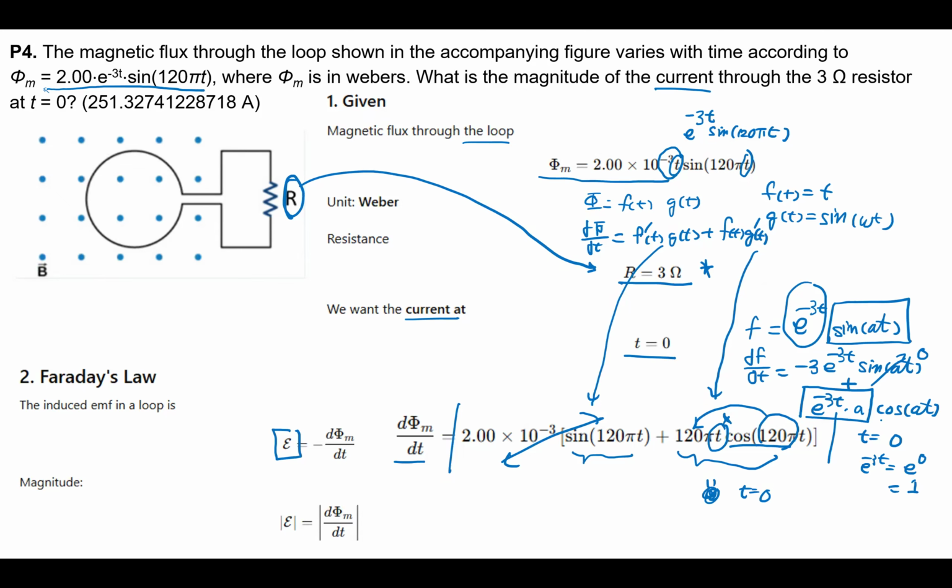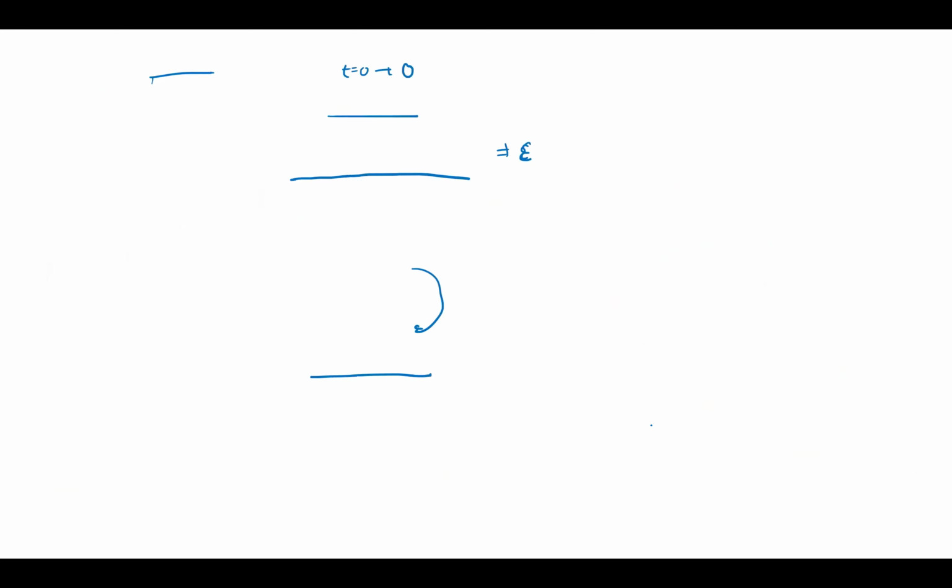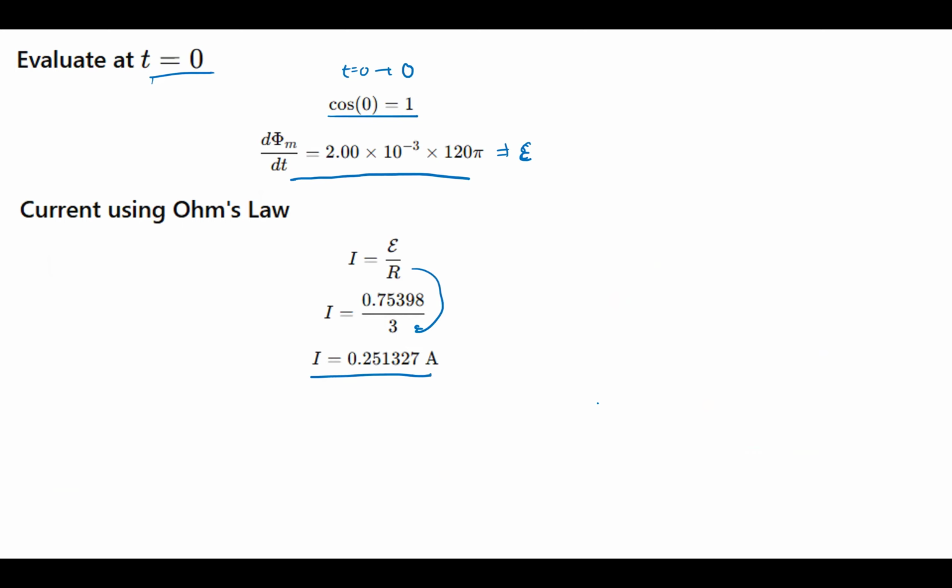So basically it is given by cosine at times a. Sorry about this, there were some mistakes, but the result is the same. So you have cosine 0, and then you get this value.